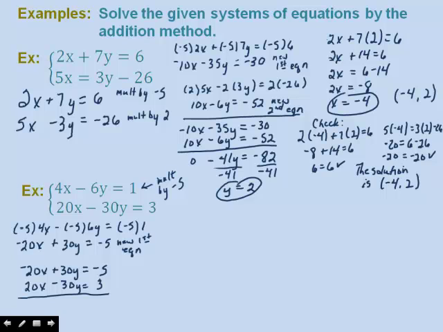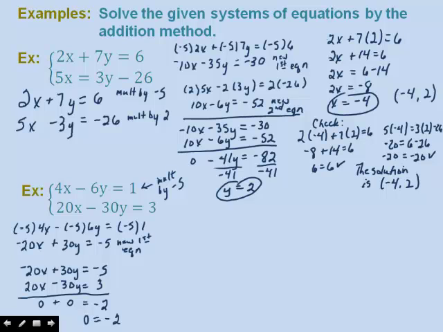We get not only our y's to cancel, but also our x's are going to cancel. A 0 there, a 0 there for the y's, and on the other side we still have to add these two together. Negative 5 plus 3 gives us a negative 2. So we end up with the equation 0 is equal to negative 2.